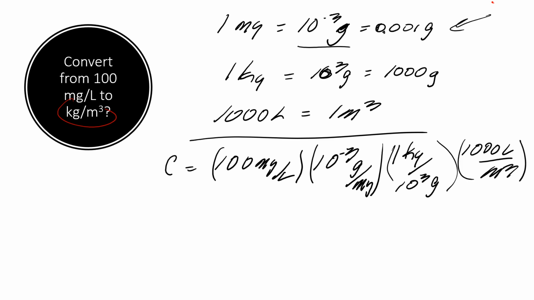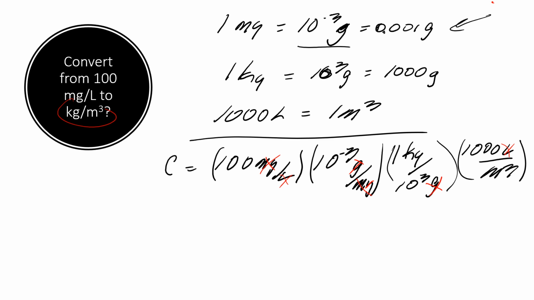Now let's see if they all cancel out. I know they do. Milligrams, milligrams, grams, grams. And then over here, liters. And the last one here is liters. Perfect. Excellent. All right, so let's see what we end up with.